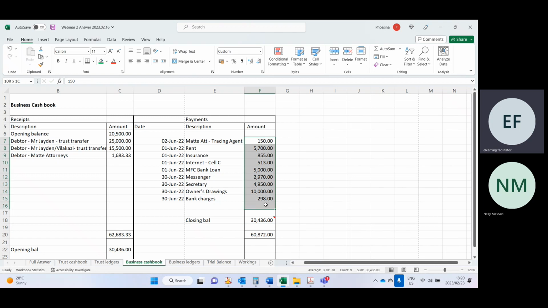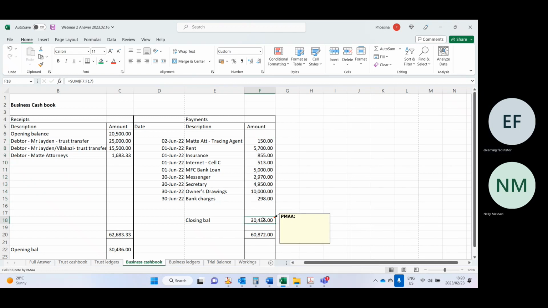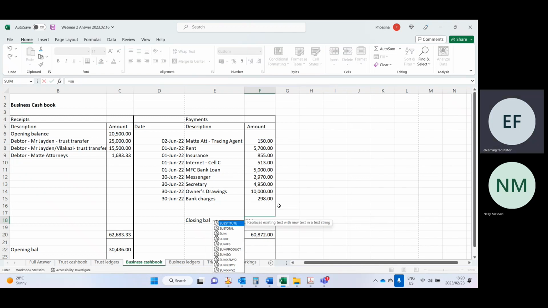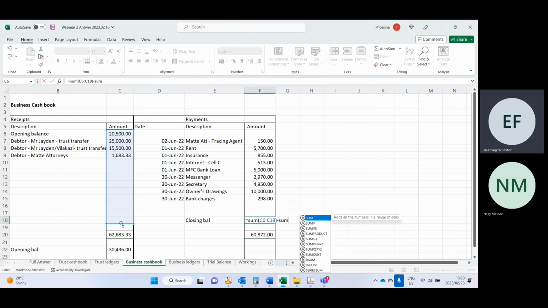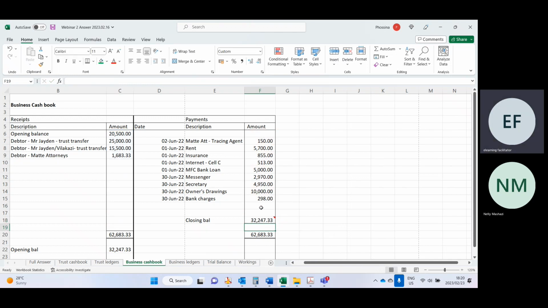So if we add up everything, the closing balance has a formula of debit side minus the sum of the credit side, up to there. We had not included our bank charge, which is 32,247.